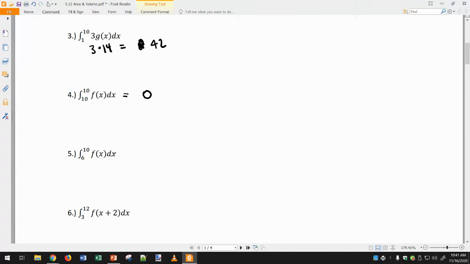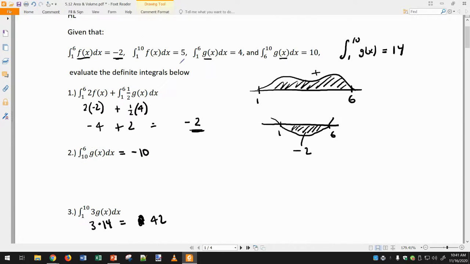Okay, and then from 6 to 10, f of x, well, again, we have to kind of deduce this one. So from 1 to 6 is negative 2, but from 1 to 10 is 5. So if I draw out a number line, from 1 to 6 is equal to negative 2. So this is f of x.